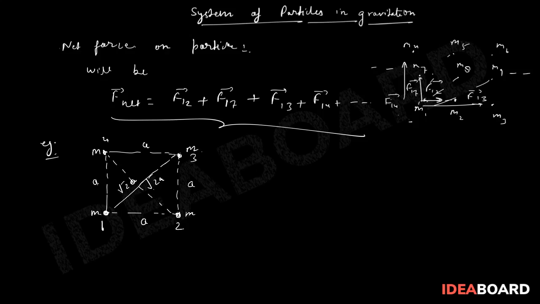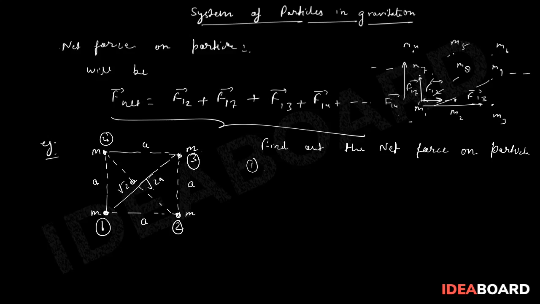Now my question is here: let's say this is particle number 3, this is particle number 2, this is particle number 1 and 4. Find out the net force on particle 1. When I'm talking about net force, this is the gravitational force, right?